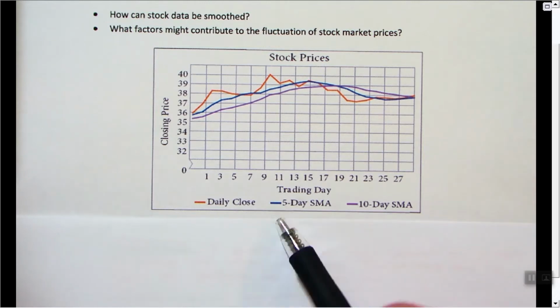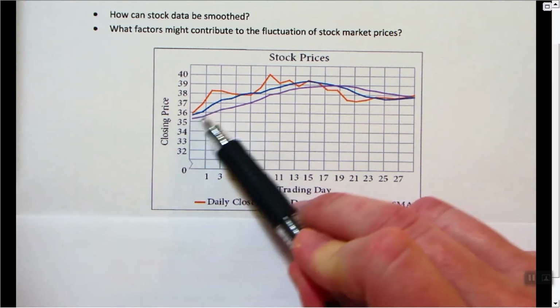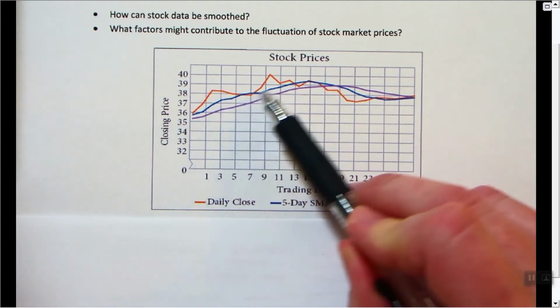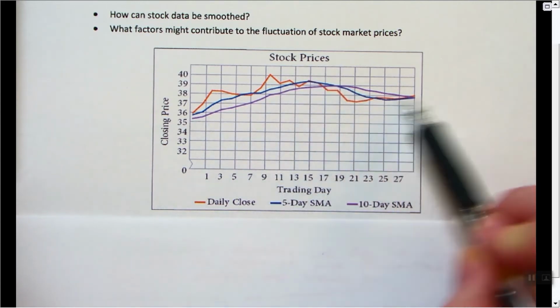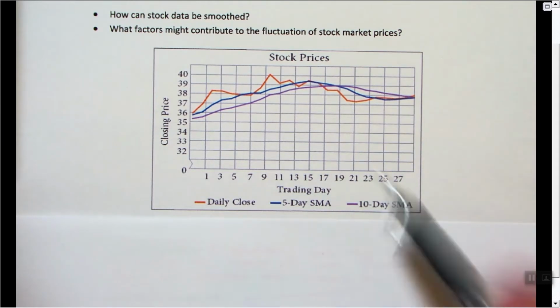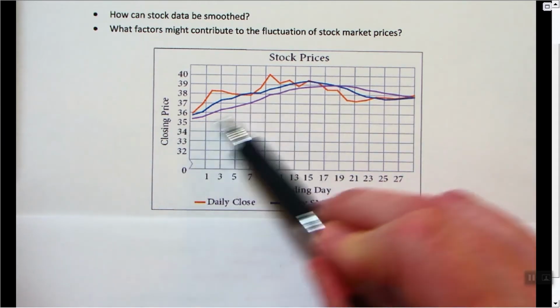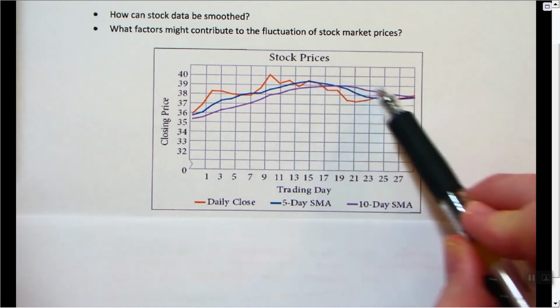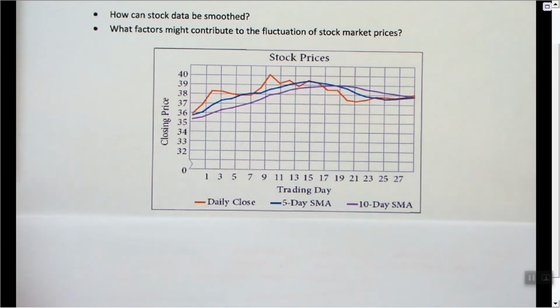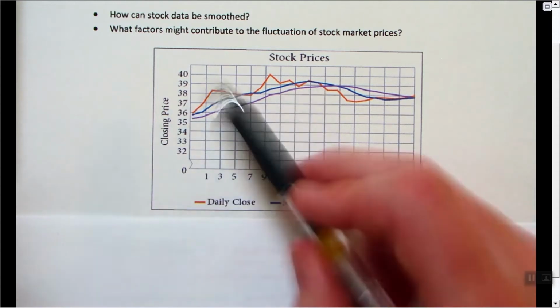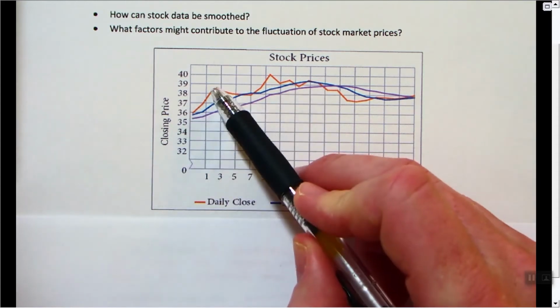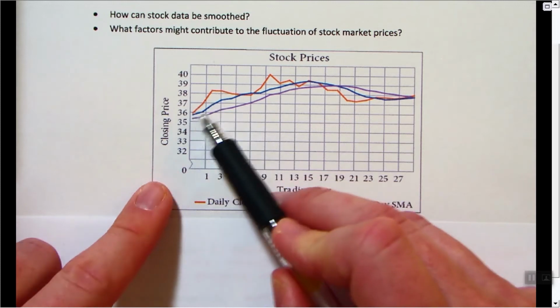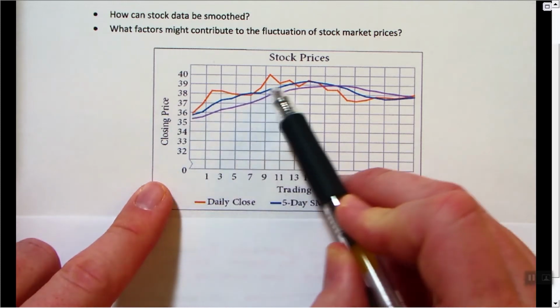If you look at the blue graph, there is this up and down. It generally goes up and then it goes down. But this purple graph is even smoother than that. It goes up and then it goes down. So it does lag, it's days behind. This peak right here, going up, is shown slowly in each of these.